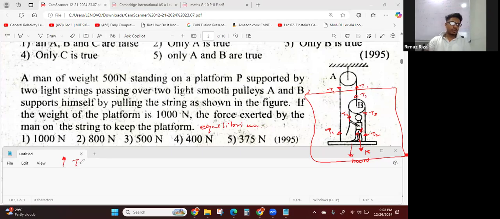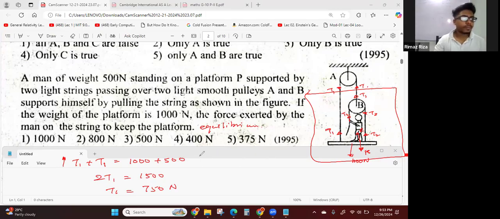These two, T1 plus T1, equal the total downward force. The R is an internal force pair, so T2 also is an internal force pair in this system. So only the weights are vertically downward: 1000 plus 500. So therefore 2T1 equals 1500, so therefore T1 equals 750 newtons.